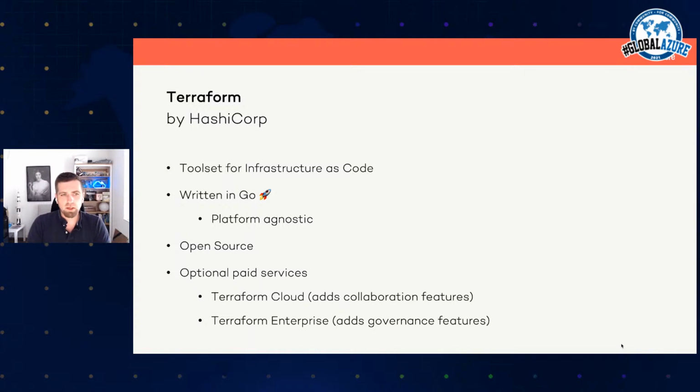So Terraform is written in Go. It's platform agnostic. That means it's easy to distribute. You can just download the binary and execute it either on Windows, Linux, macOS, and other operating systems.